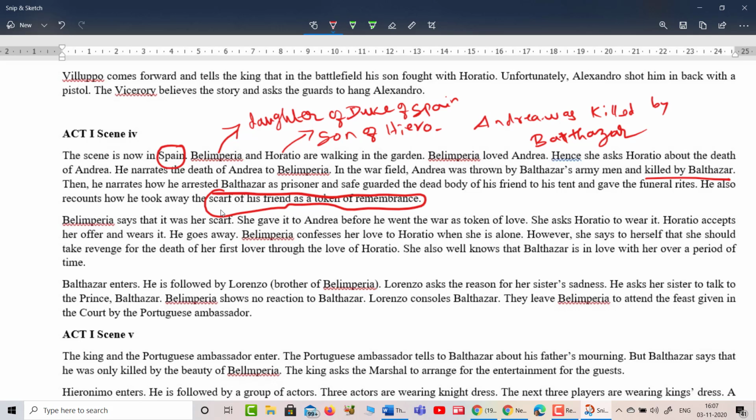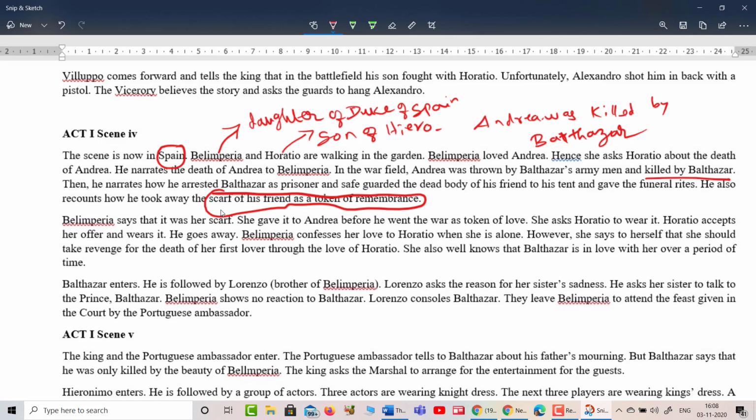Bel-imperia says it is her scarf which she gave before Andrea went to war as a token of love. She asked Horatio to wear it and Horatio accepts. It is a symbol of love. Now Bel-imperia confesses her love to Horatio and Horatio accepts her.